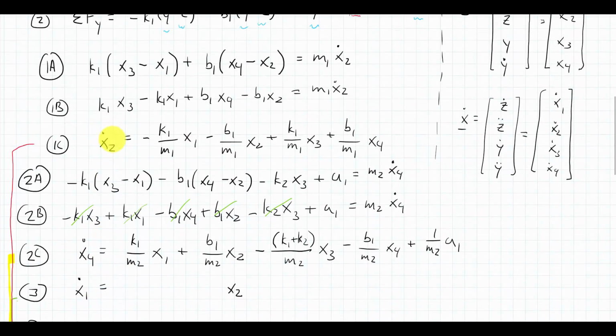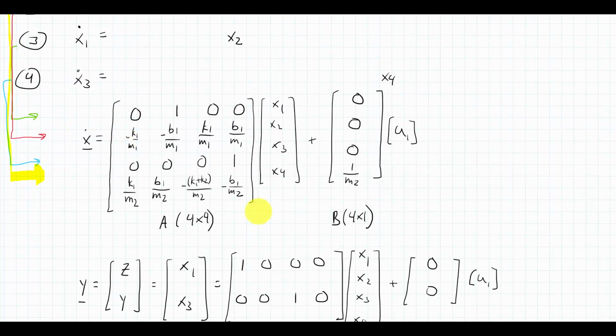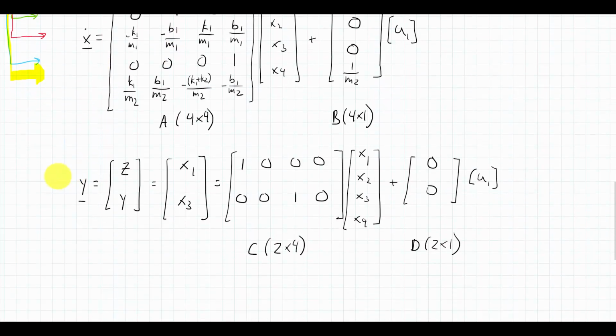I took equations 3 and 4, 2c and 1c, and put them into my now matrix equation for the state space model. X dot equals Ax plus Bu, filling in the rows coming from each of my 4 equations that I wrote above. Once that was complete, I went to my observability equation. I was told in the problem that I was observing or tracking both the displacements z and y, which are also known as x1 and x3 by how I assigned my state variable names.